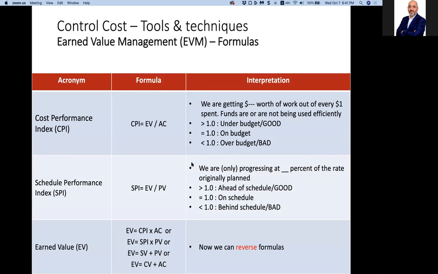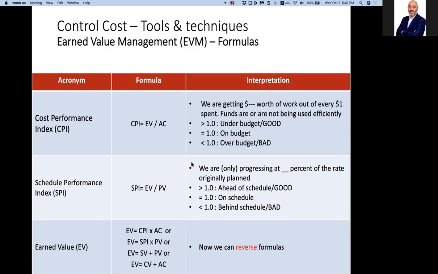These variances could be expressed in the form of indices. If we are talking about the cost performance index, we have an index, which means if this index is greater than 1 it's good, under budget; less than 1, over budget, bad.